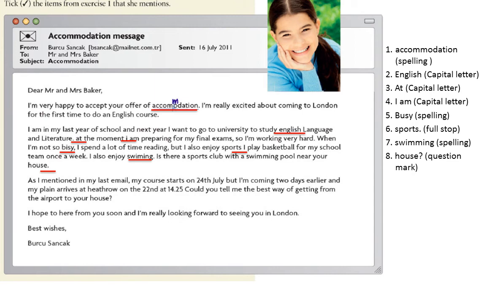Let's go to the third paragraph. As I mentioned in my last email, my course starts on 24th of July, but I am coming 2 days earlier, and my plane arrives at Heathrow on the 22nd at 14:25. There are 3 mistakes in this sentence.